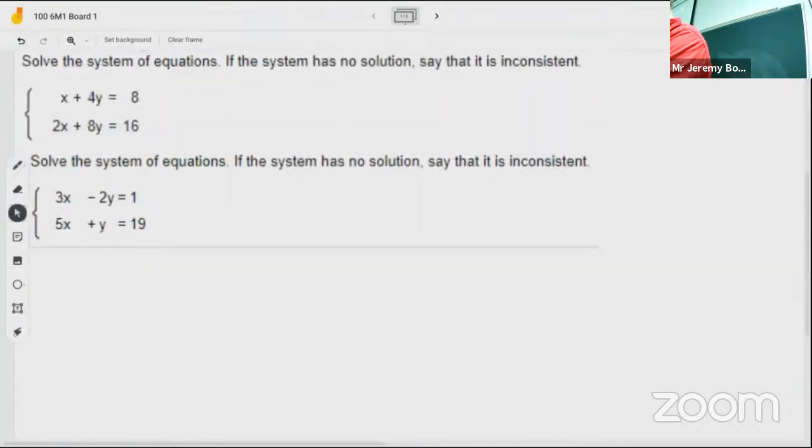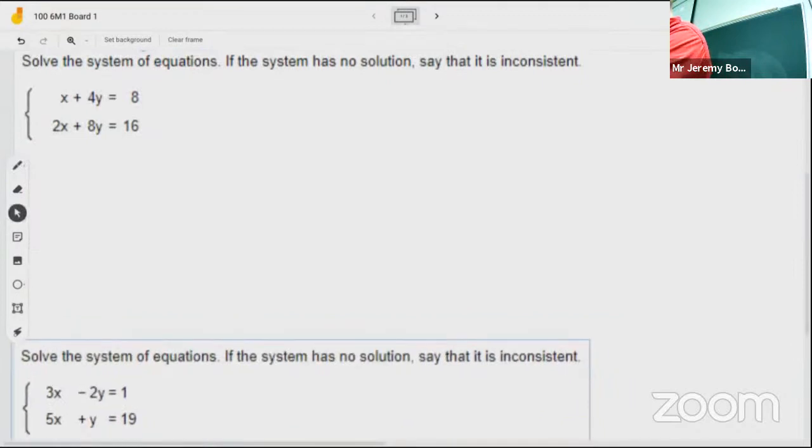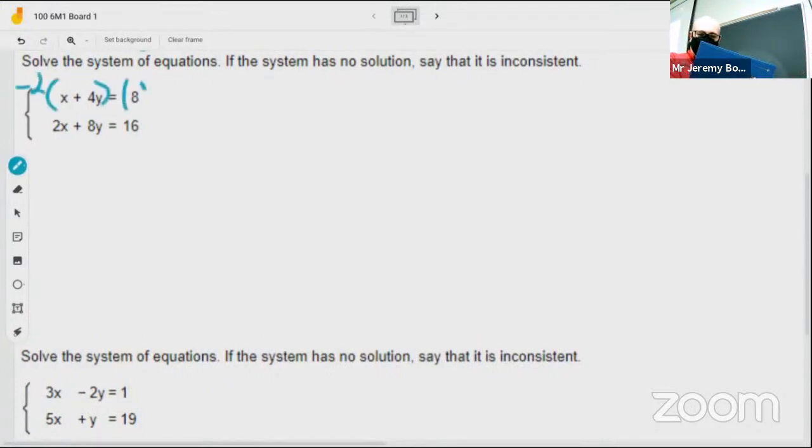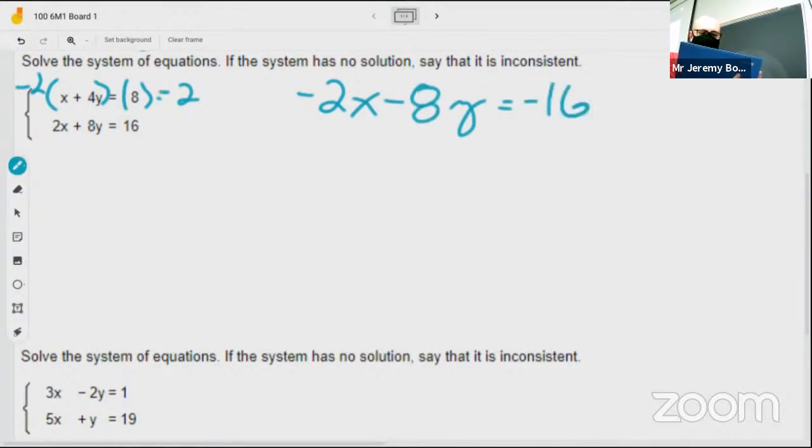Do the second one. So the second one, if we're trying to get rid of or eliminate something, let's multiply the top one by -2. That would get rid of my x's. And so we'll have -2x minus 8y is equal to, multiply by -2, so it'd be -16.